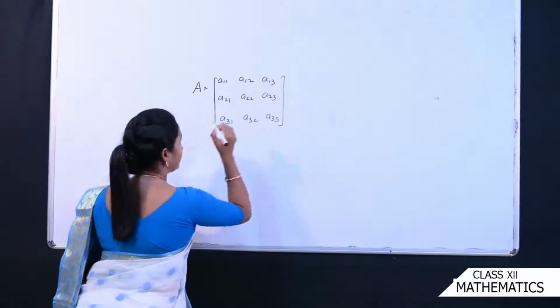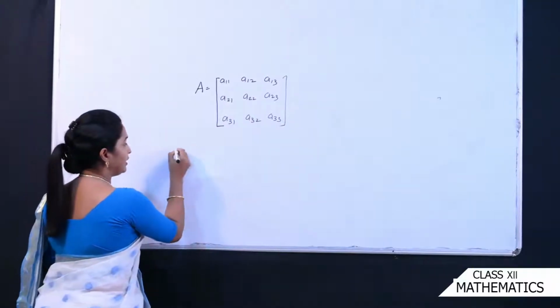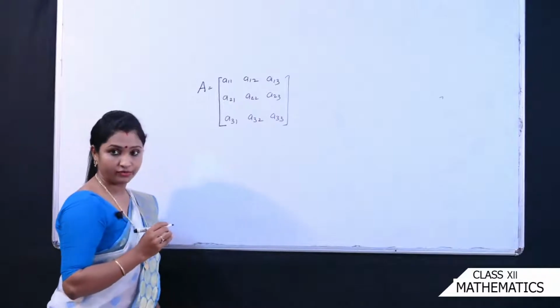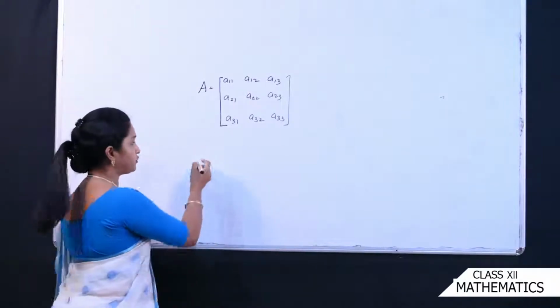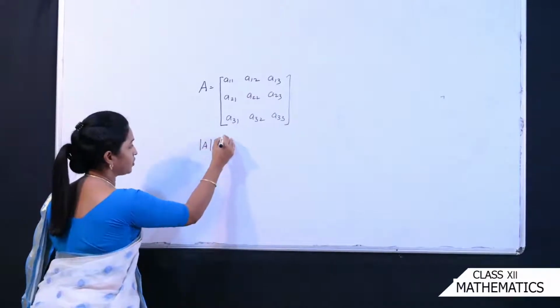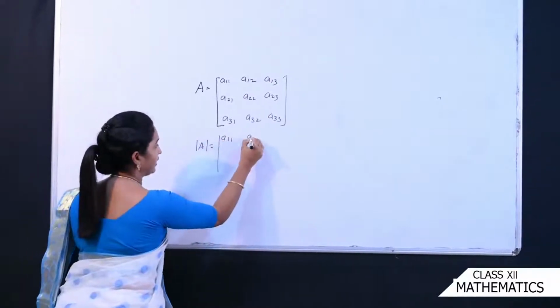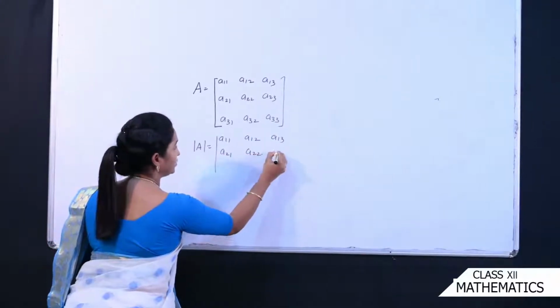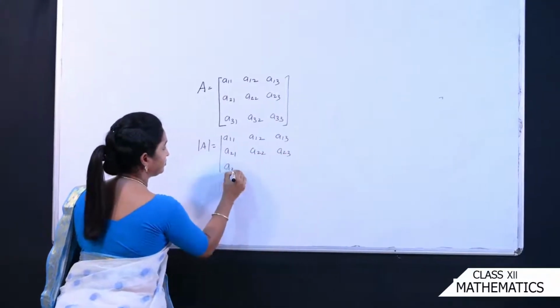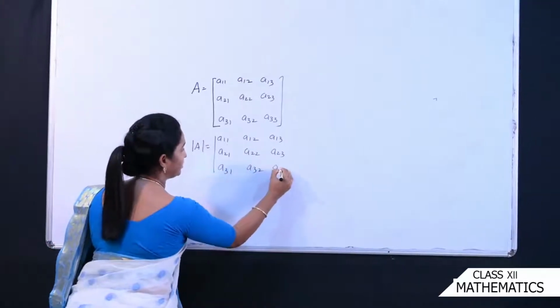Look at here. If you want to find the minor of this value, first of all, this is determinant A, which means A11, A12, A13, A21, A22, A23 and A31, A32 and A33.